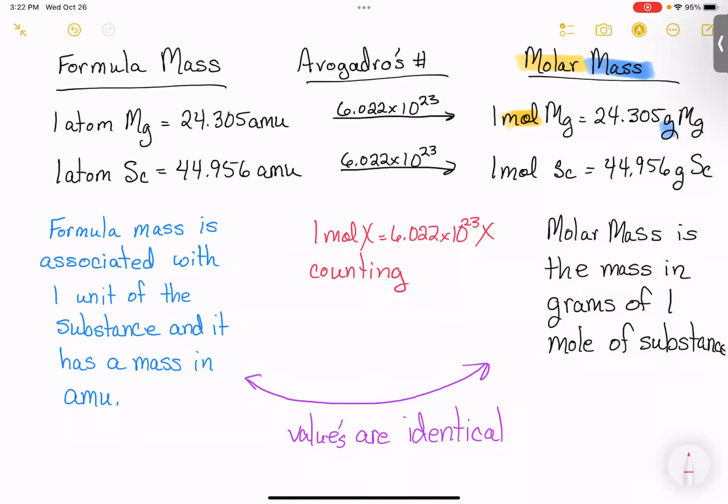So folks, if I asked you for the formula mass of lead, you look at the periodic table and it's 207.2 and you attach AMU. If I ask you for the molar mass of lead, you look at the periodic table and it's 207.2, but now it's in grams per mole.